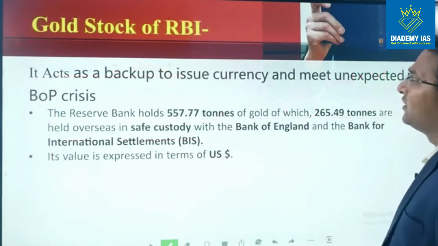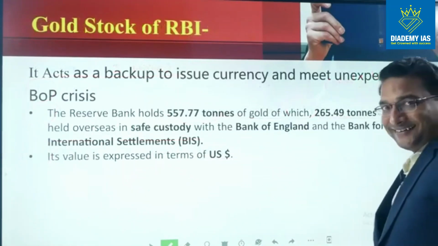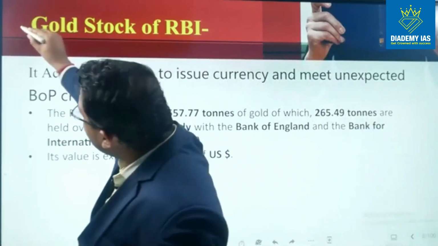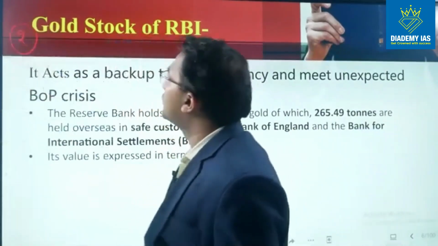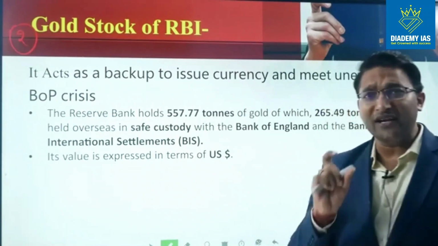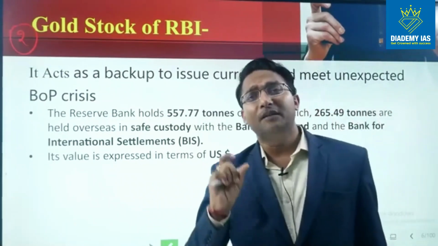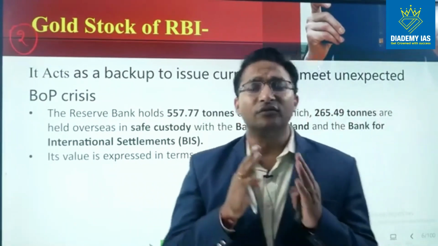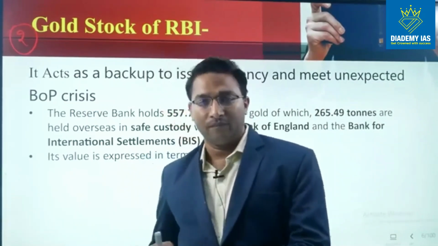Now next is the gold stock of RBI, right? So the second part of the reserves is the gold stock of the RBI. So friends, I hope you remember that in the banking sector I discussed the concept of minimum reserve system.